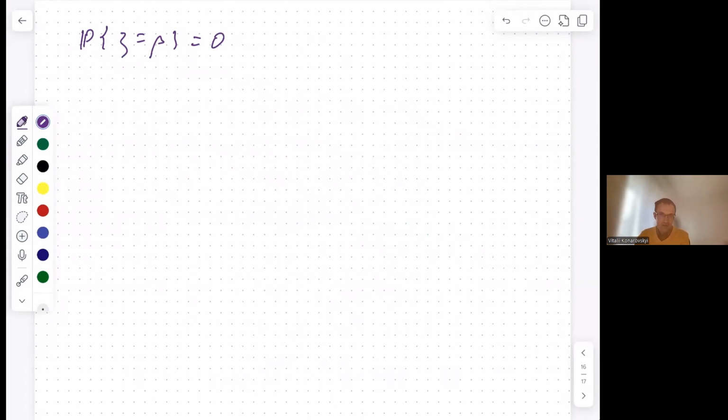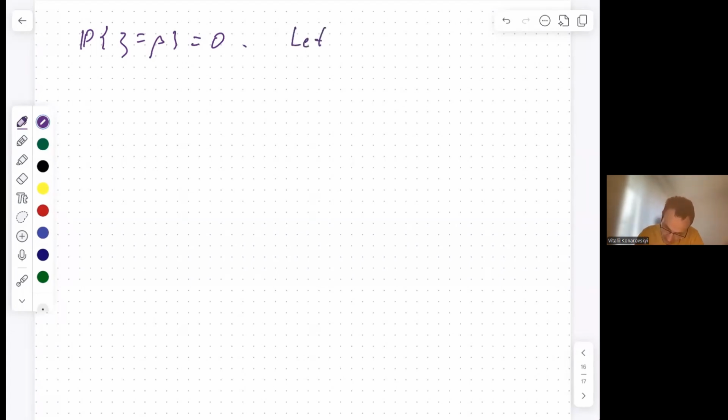And let's do that. Let's consider some beta tilde. The idea is, okay, we cannot work with beta, but we can go a little bit below beta, and then maybe everything will be good.